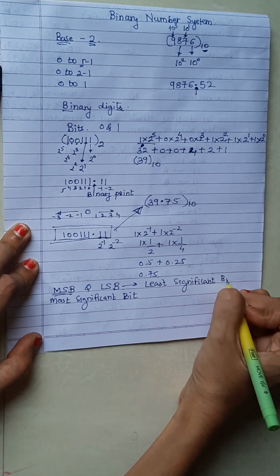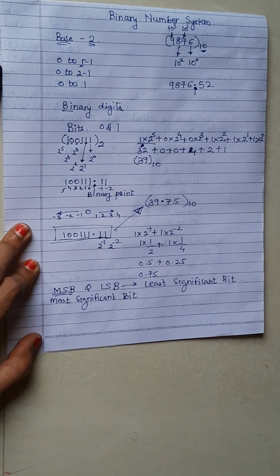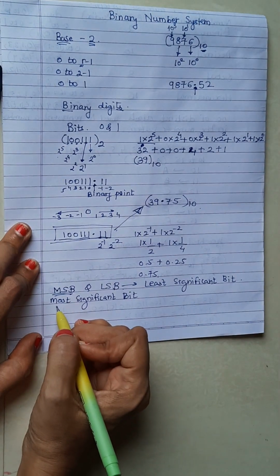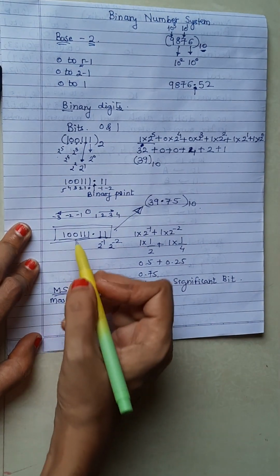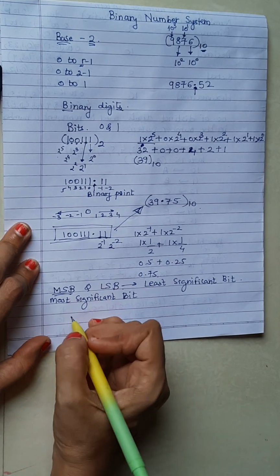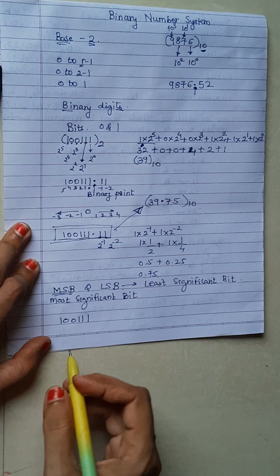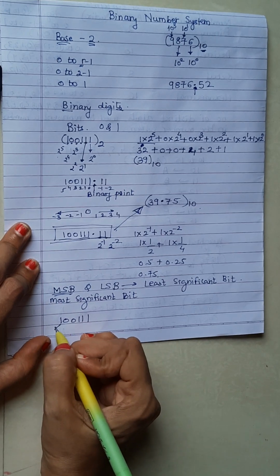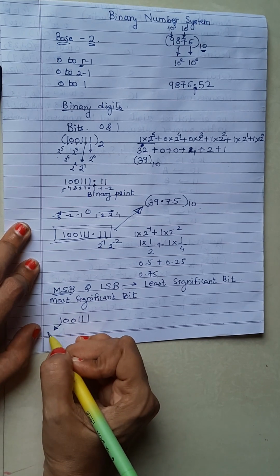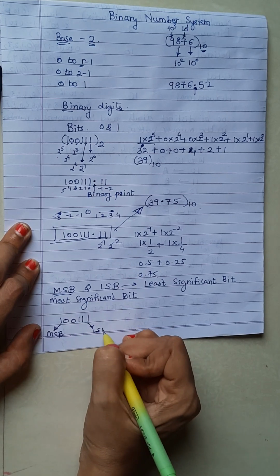significant bit. Now why is a bit in a binary number called most significant, and why is a bit called least significant? Take again the same binary number, where this would be the most significant bit and this would be the least significant bit.